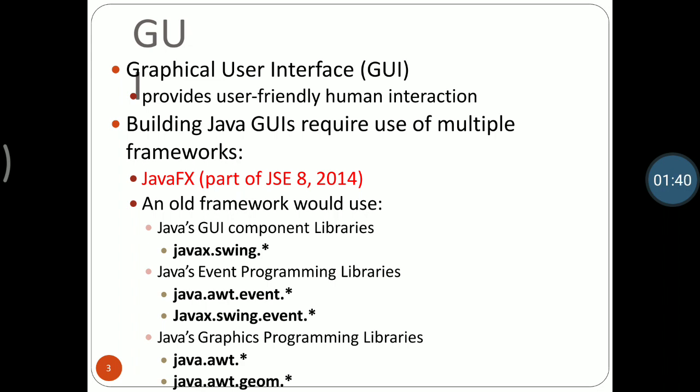For Java's event programming, we use java.awt.event.* and javax.swing.event libraries. For Java's graphics libraries, we use java.awt and java.awt.geom libraries.